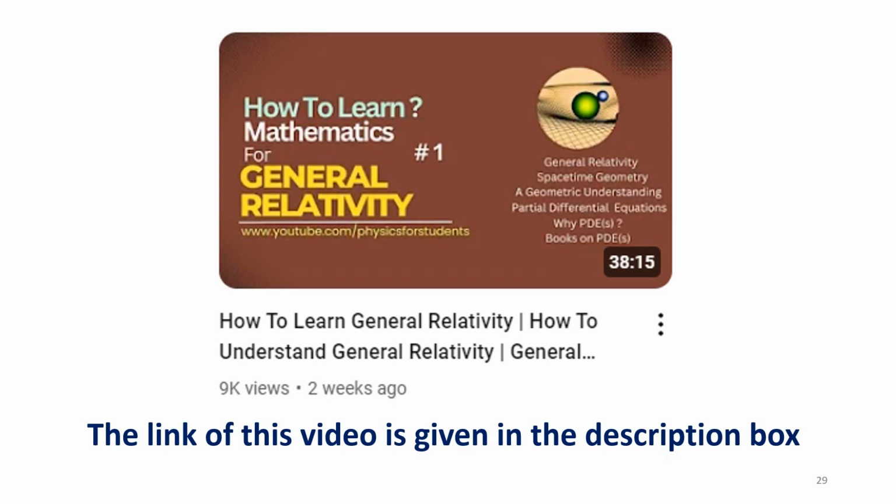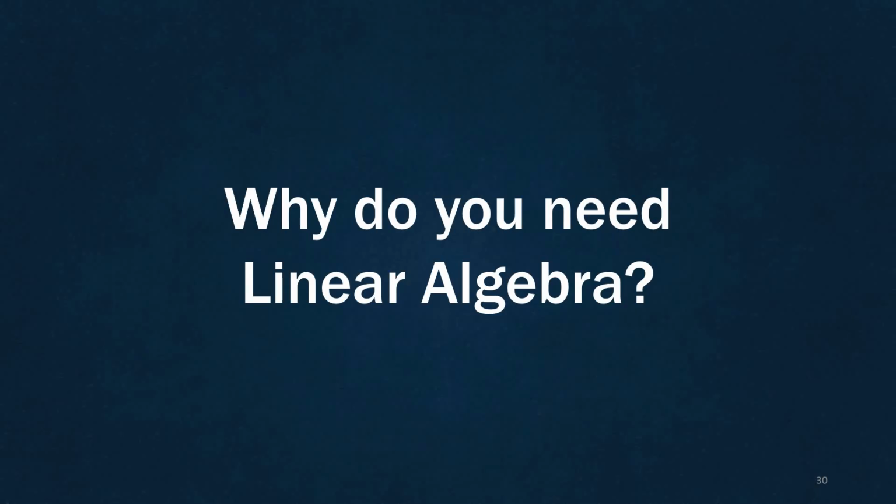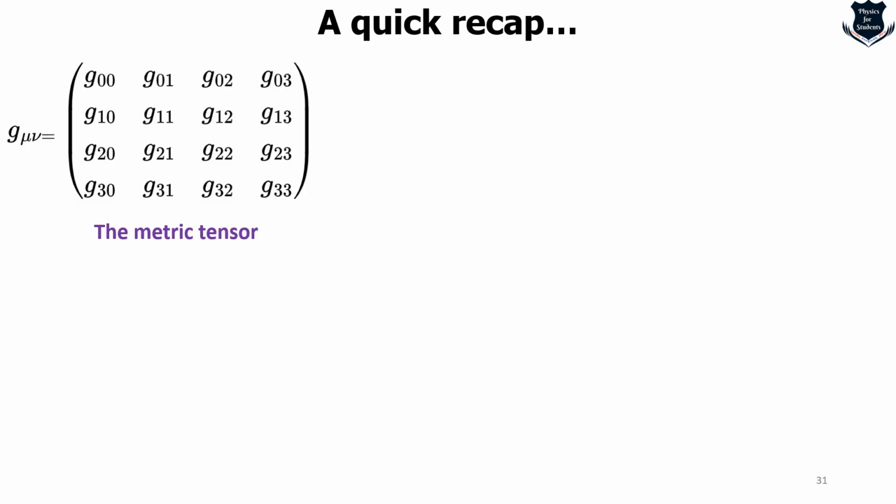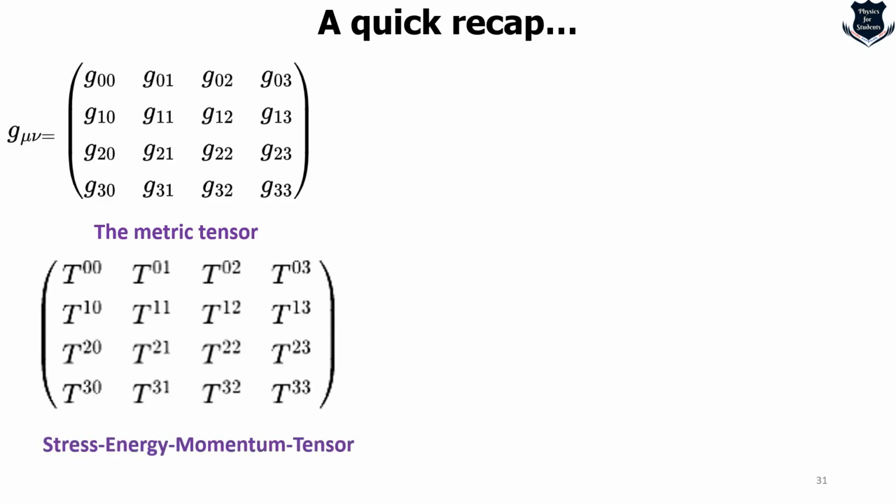Now, apart from PDEs, the second important thing is linear algebra. In this part of the video, we will talk about why you need linear algebra in order to understand Einstein's general relativity. When you look into linear algebra, you see things that look like matrices, isn't it?